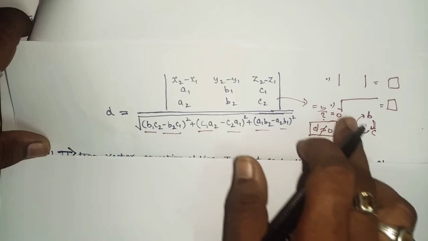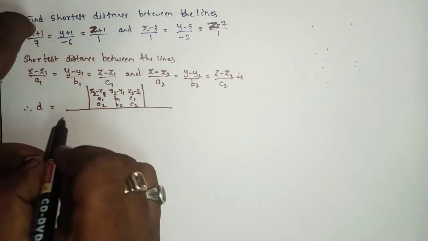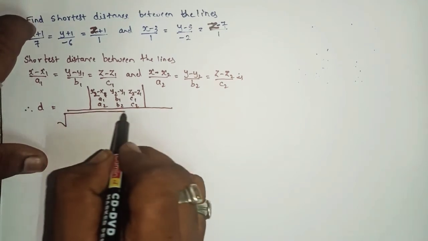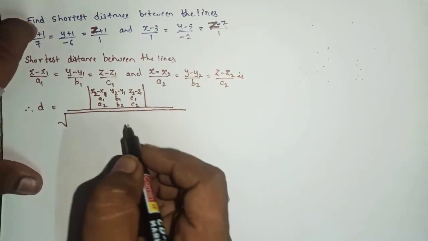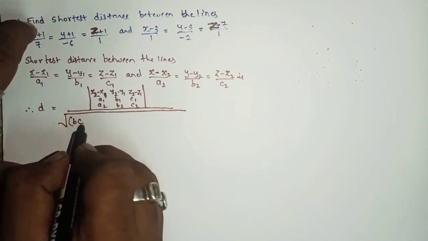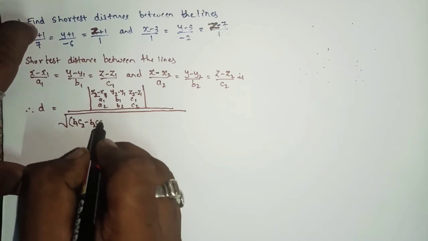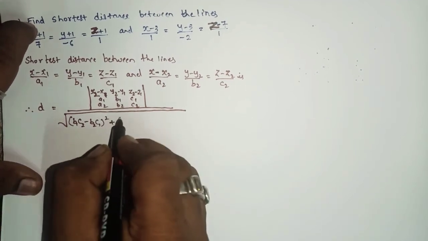And in the denominator section, just remember this cyclic form: b2c, c2a, and a2b. So here we'll write the formula inside the square root. In the first bracket you will write bc minus bc, so 1 2 minus 2 1, then whole square. In this way you can remember this formula.